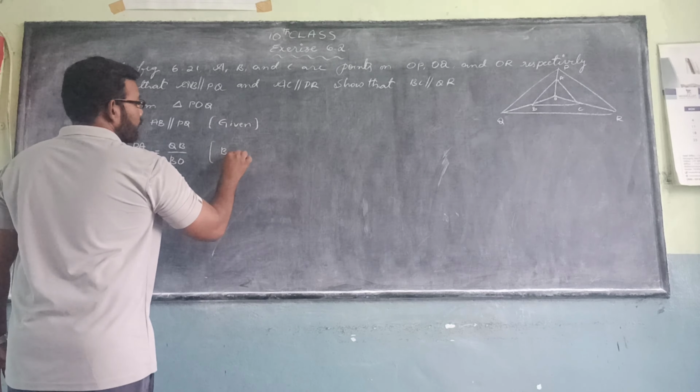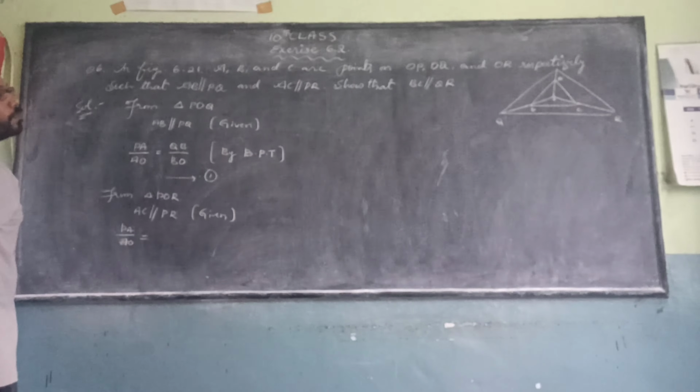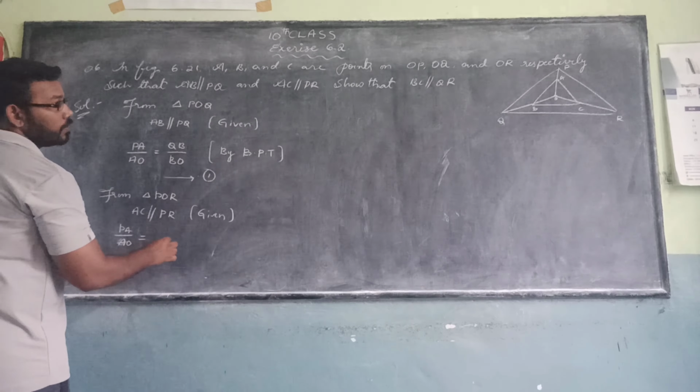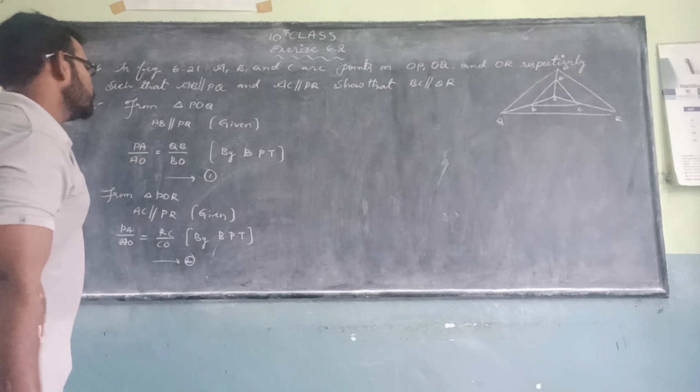So here we use the basic proportionality theorem. We write PA by AO is equal to RC by CO by using BPT, basic proportionality theorem. Let it be equation number 2.